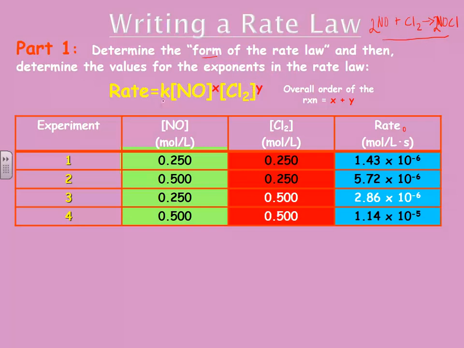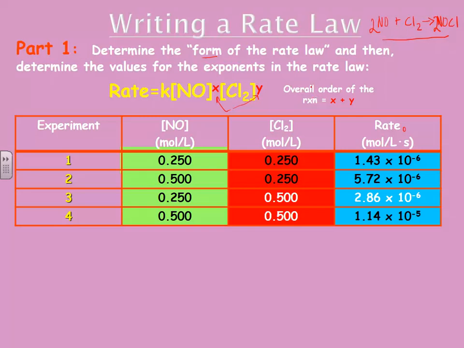So before the next video, let me just point out that the form of this rate law is rate equals k, because there's your rate constant, times the concentration of NO, our first reactant, raised to the x power, we're going to solve for x, times the concentration of Cl2, because that's your other reactant, raised to the y power. We're going to actually solve for these orders in the next video, and then we'll have the actual rate law.